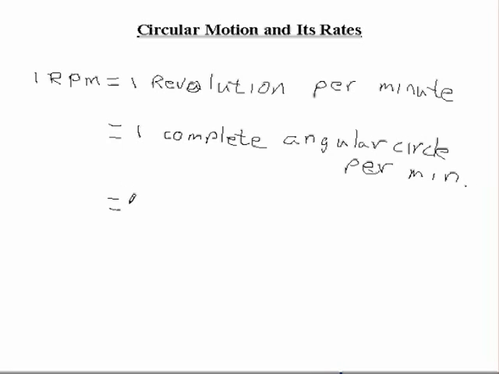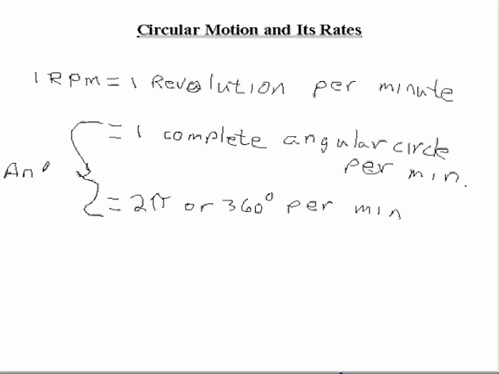That would mean 1 complete 2 pi radians, or 360 degrees per minute. So these two combine to give us the information as to how just the spinning number relates to angular velocity.